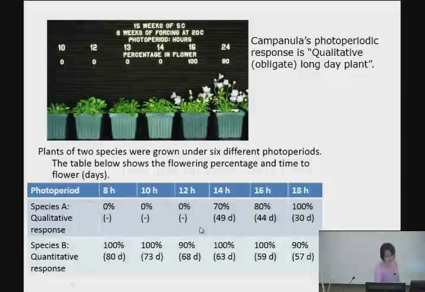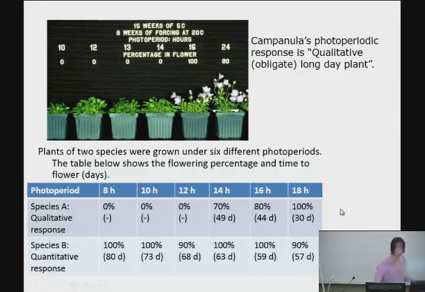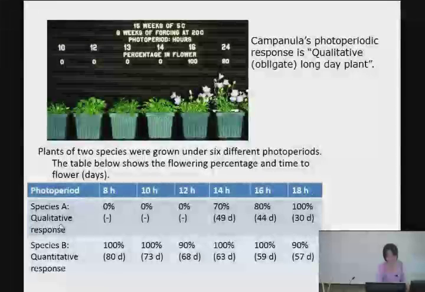If you see this type of table, it's probably easier to distinguish quantitative response and qualitative response. This table is showing a bunch of different photoperiods tested, for species A and species B, two different species.